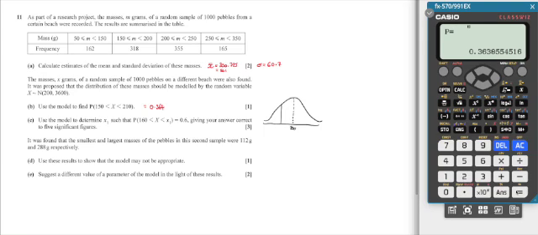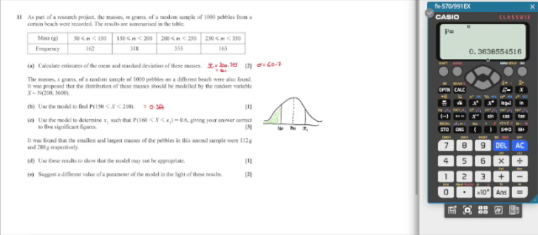So even if it was minus infinity to x1, it would still be past 200. So that is 160 on the left, and that is x1. I think it would be a good idea to find out what that is on the left-hand side. So this green area here.